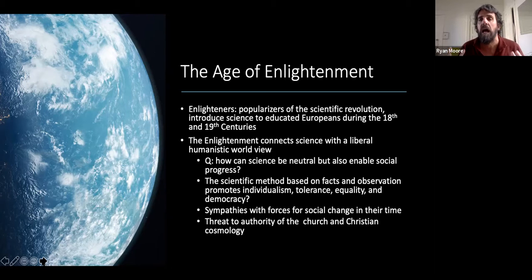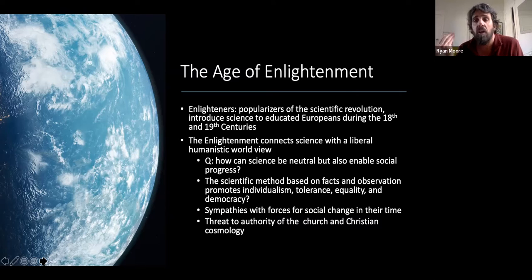The question that the Enlighteners ask is, science may be this kind of neutral instrument for studying the world, but they also begin to see it as something that can enable social progress.